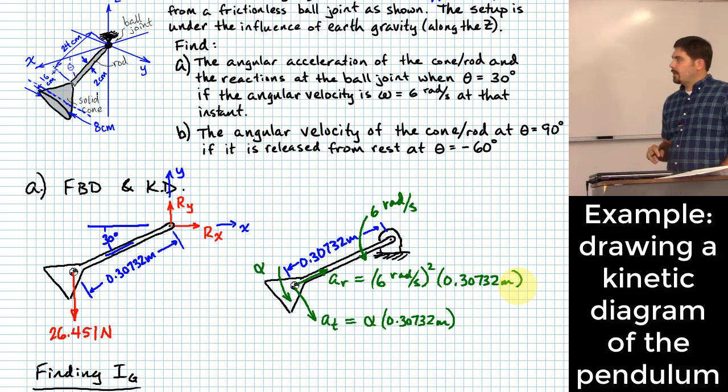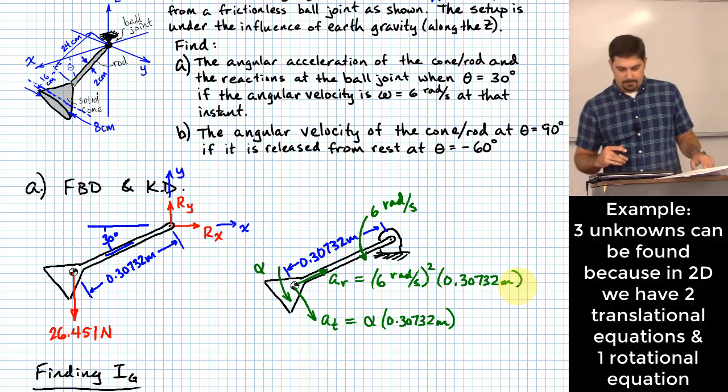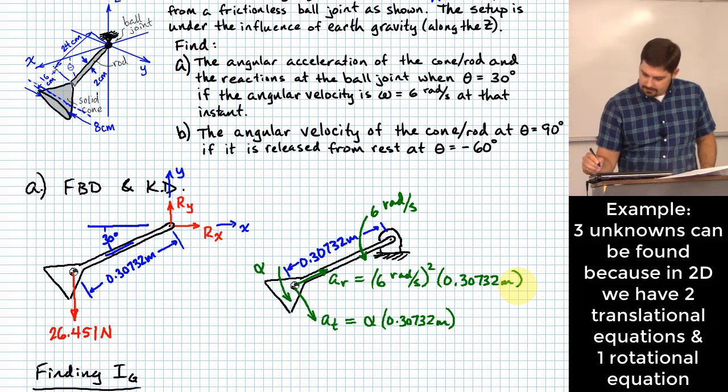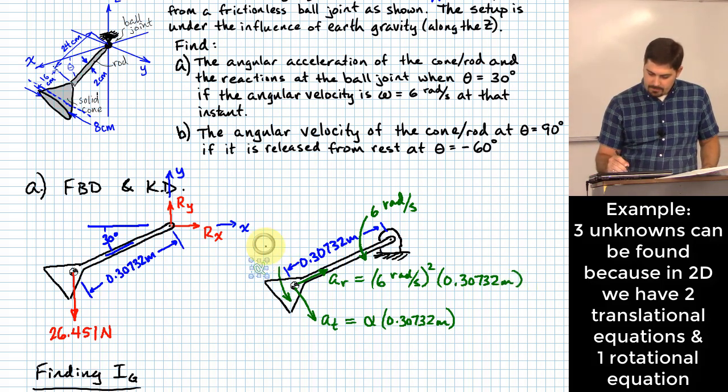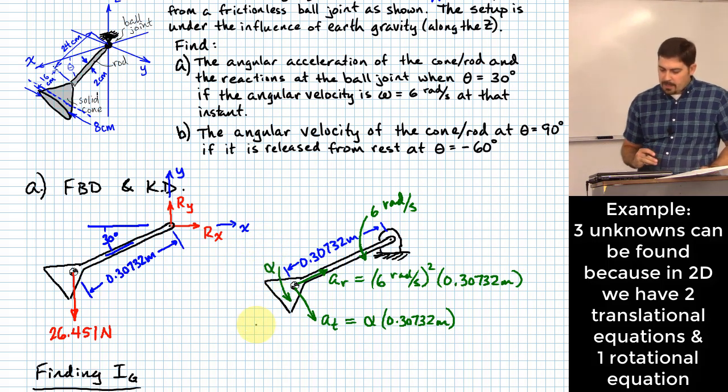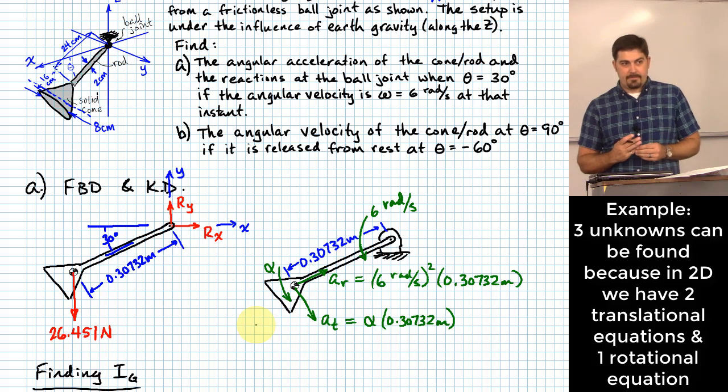All right. So now, how many things do I not know? I don't know alpha, so that's one of my unknowns, and my x and y reactions that happen at the pin.